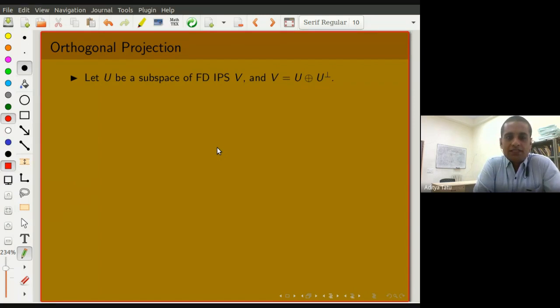Now let U be a subspace of a finite dimensional inner product space V. Then I can surely write V as a direct sum of U and the orthogonal complement of U. Do you agree with this? Is that clear why this should be true?